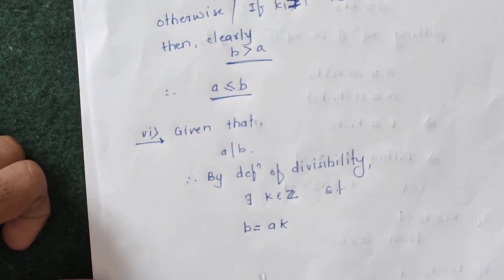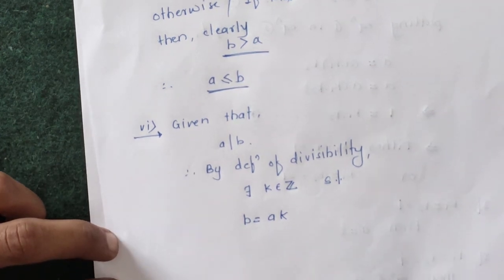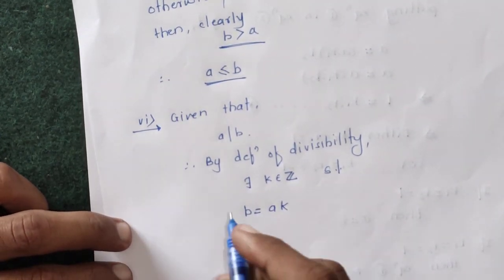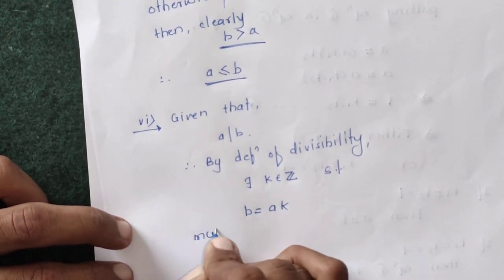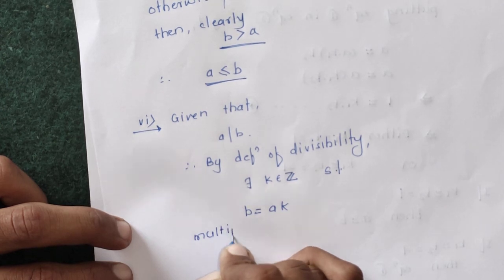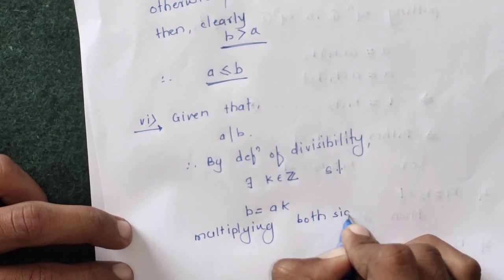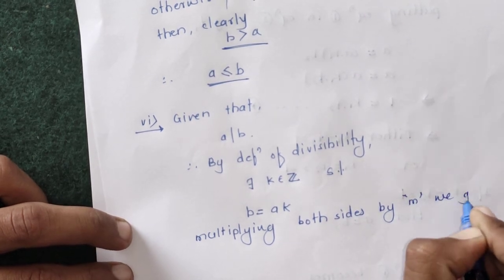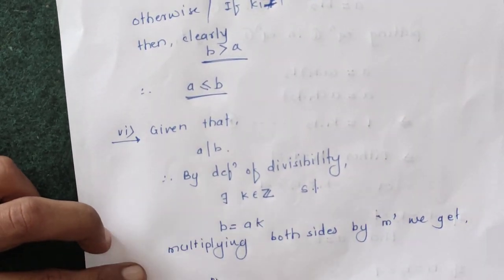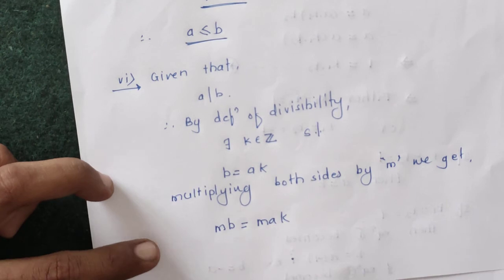We have to prove that MA divides MB. That is, we have to prove MB is a multiple of MA. So, from this equation, multiplying both sides by M, we get MB is equals to MA into this k.